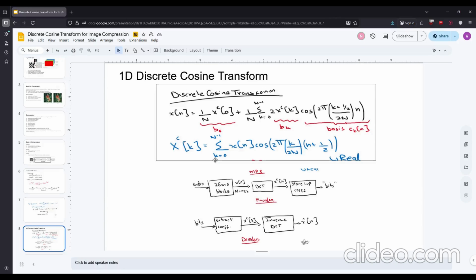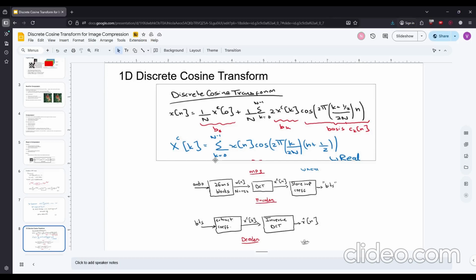If we have an audio signal, we first break it up into 26 millisecond blocks of N equal to 1152. We take this 1152 length signal, find the DCT, and store the significant coefficients and further encode them into a sequence of bits. Important coefficients are chosen based on human perception of hearing.